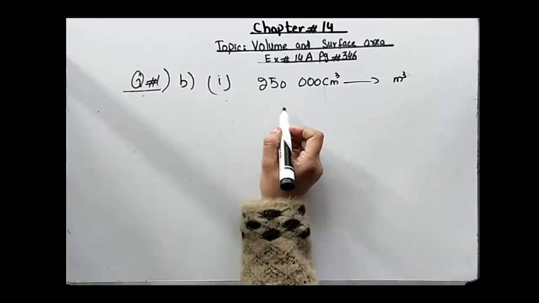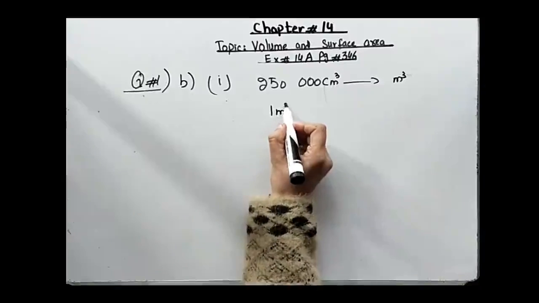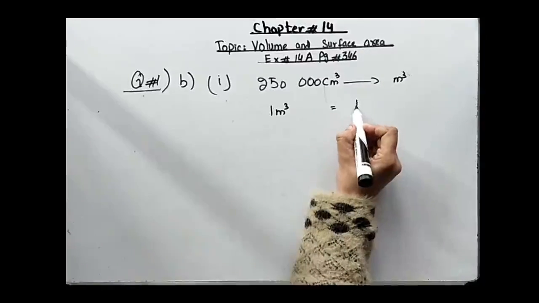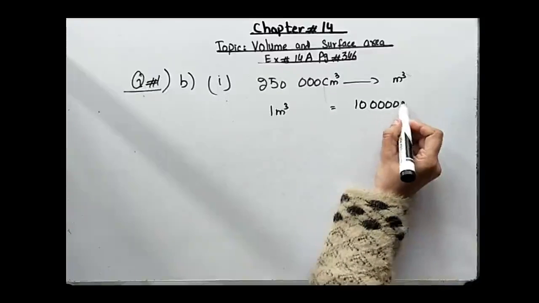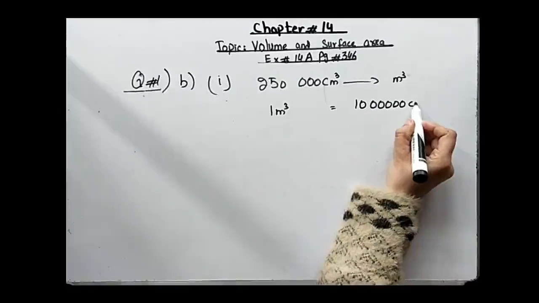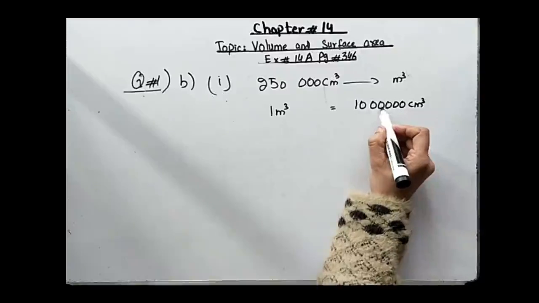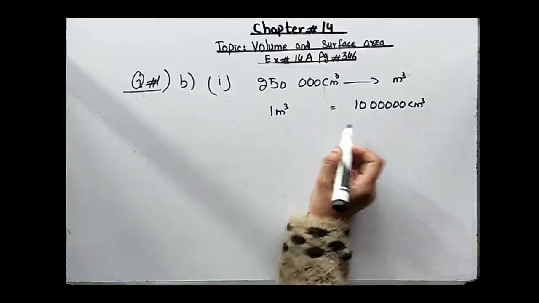So similarly beta, as we know that 1 meter cube is equal to 10 lakh centimeter cube, 1, 2, 3, 4, 5, 6.